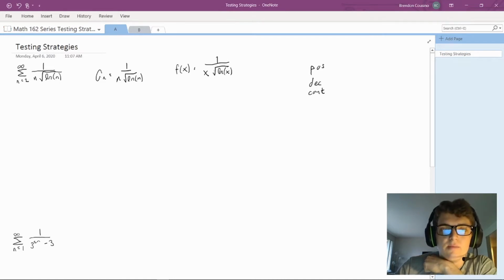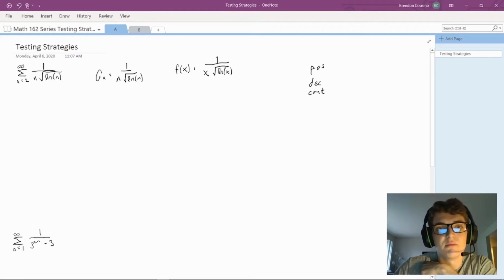Let's check positive first: 1 over x times the square root of ln of x. Our n is ranging from 2 to infinity, so x is always positive, and ln of x is always positive when x is greater than 1, because ln of 1 is equal to 0 and we start at 2.